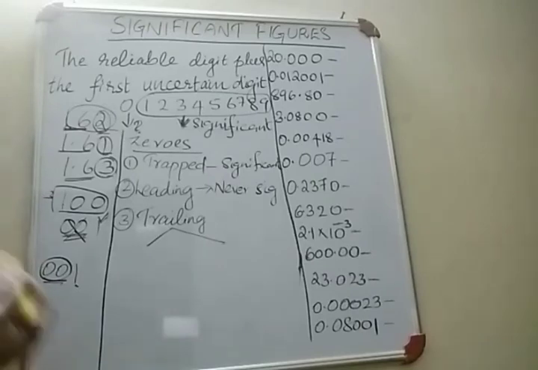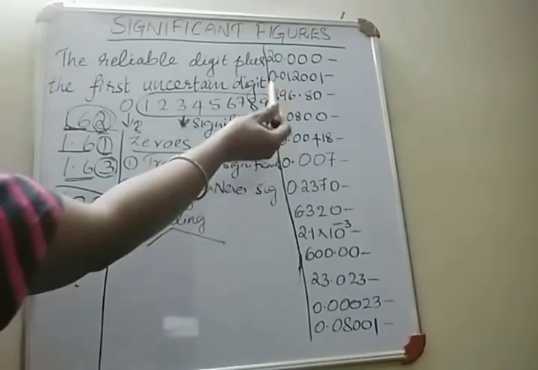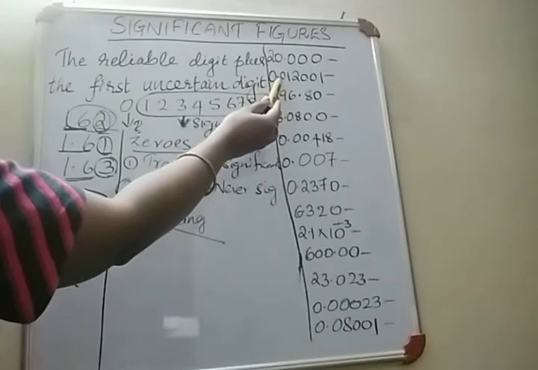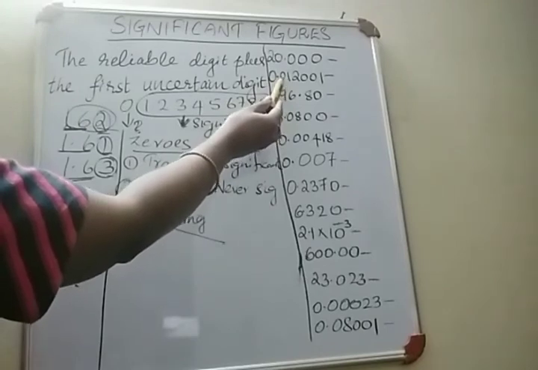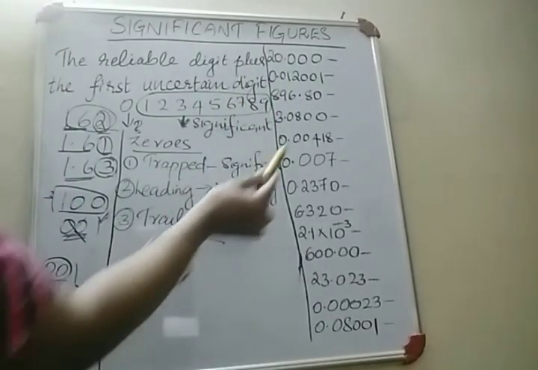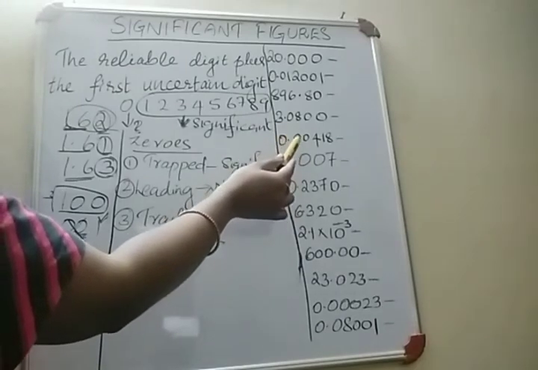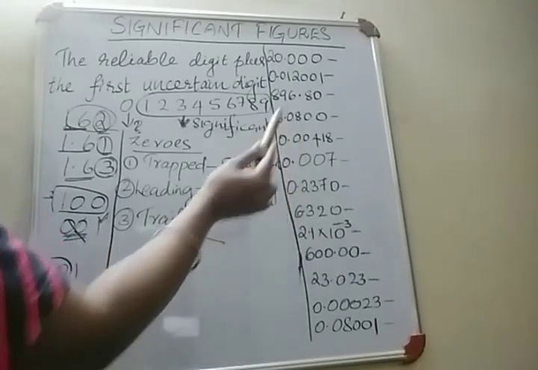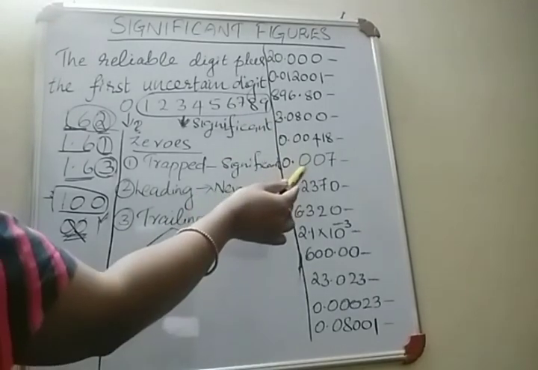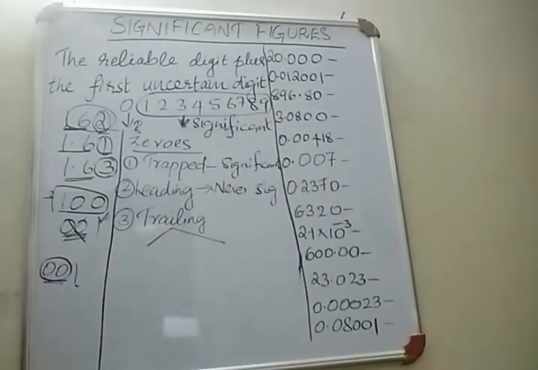Even in a decimal number, this 0 in the beginning is not significant. Similarly, these two zeros are leading zeros in a decimal number, so they are non-significant.